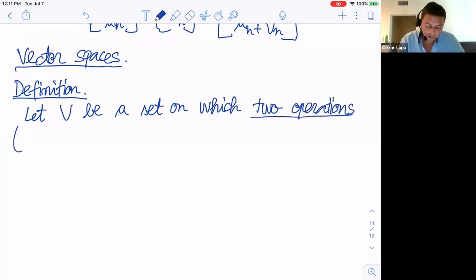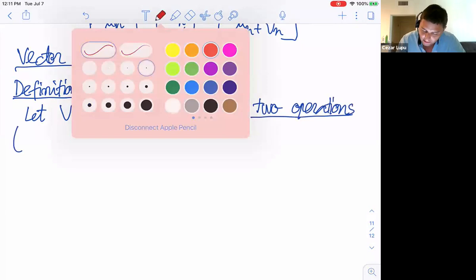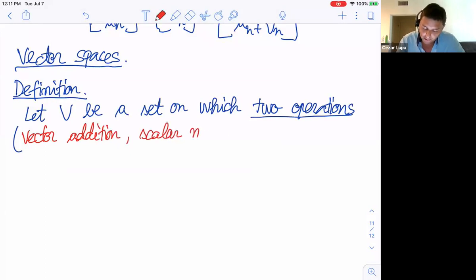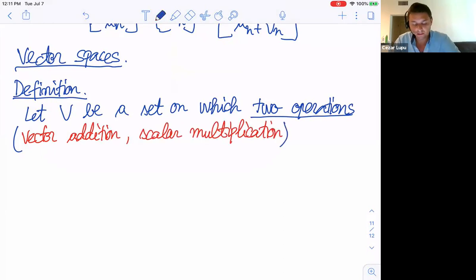These two operations are vector addition and the second one is scalar multiplication. So these are the two operations. So V is a set on which these two operations are defined.